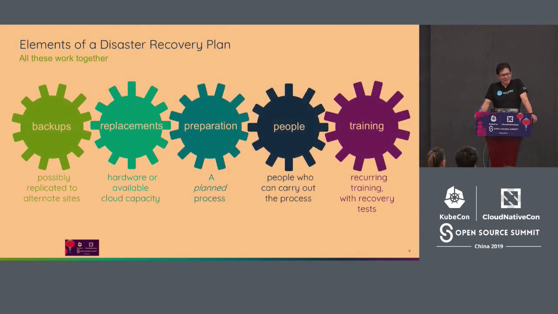There's a lot of elements of a disaster recovery plan. It isn't all about backups. In the event of a physical disaster, you need to have made prior arrangements for replacement hardware or replacement public cloud hosting so that you can attempt to stand it up at your recovery site.